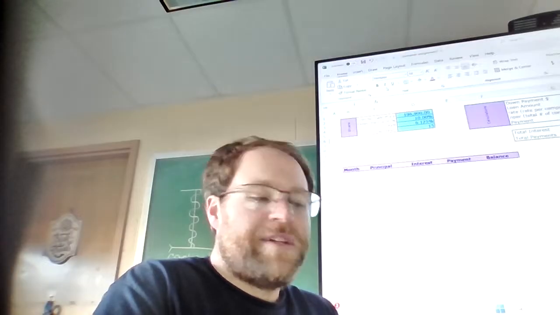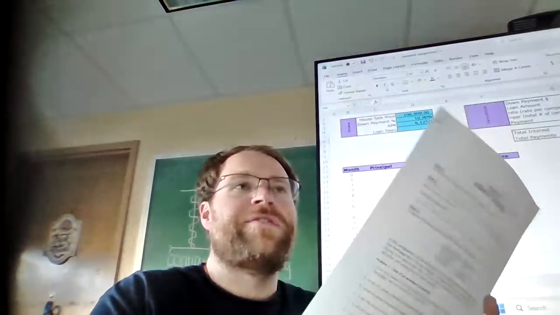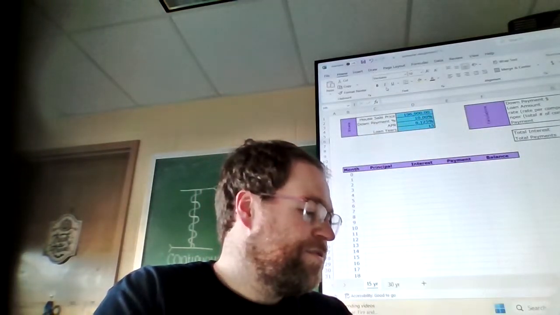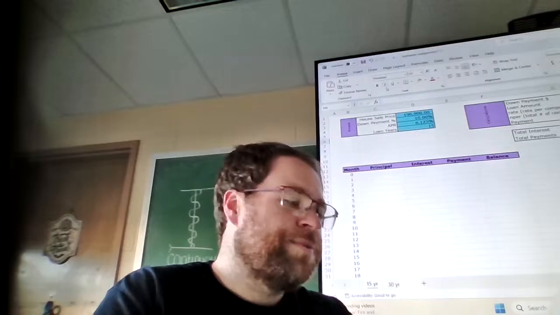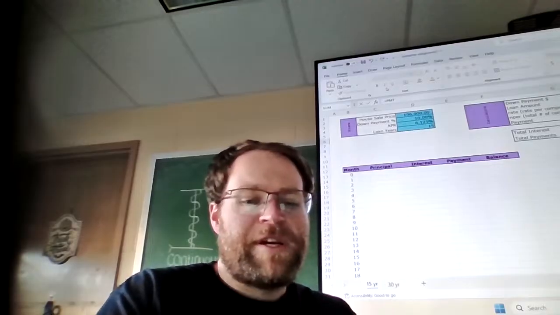Then in cell H6, so this would be step 6 on the directions that I gave you. It says use the equals what function? PMT function. Equals PMT, or payment function.